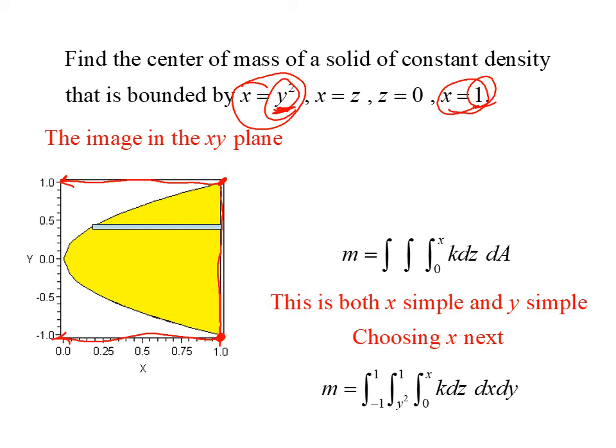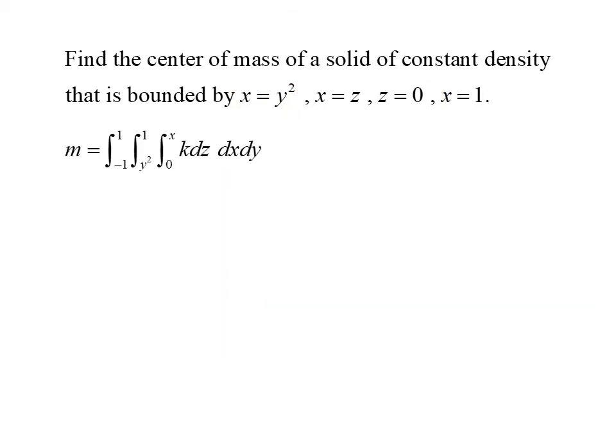As we did with 2 dimensions, the constant here just means we have a constant density, so we use a k for that. Now, I won't take the time to evaluate this integral. You could do that by hand or with a calculator. And that comes out to be just 4/5 k.